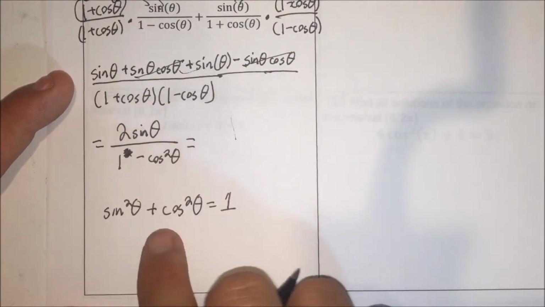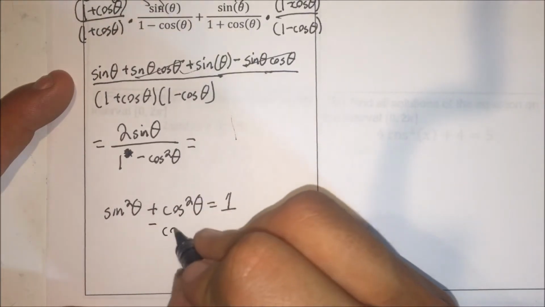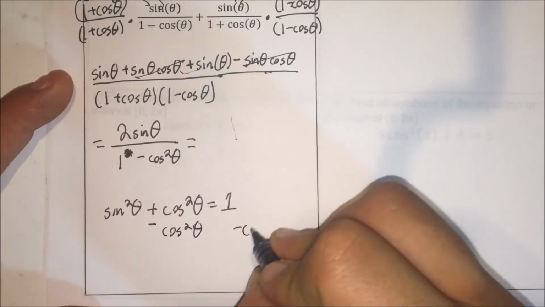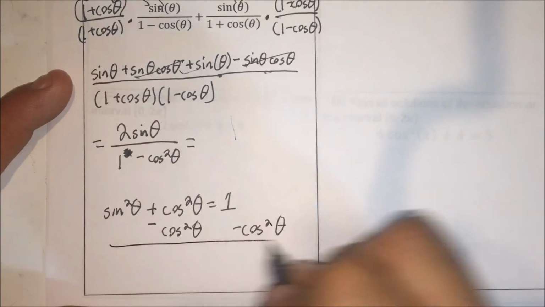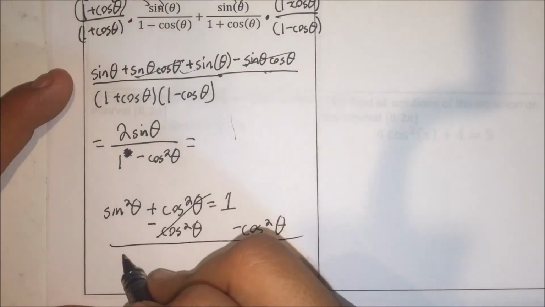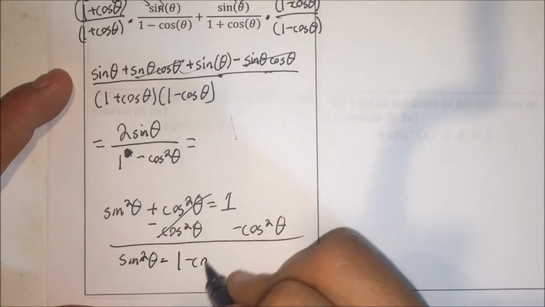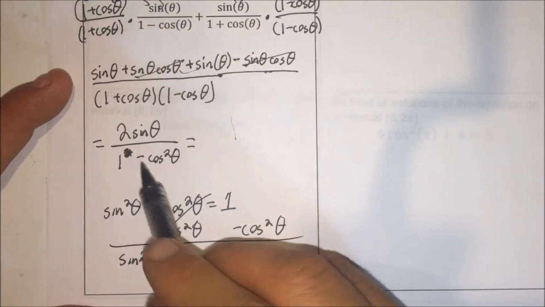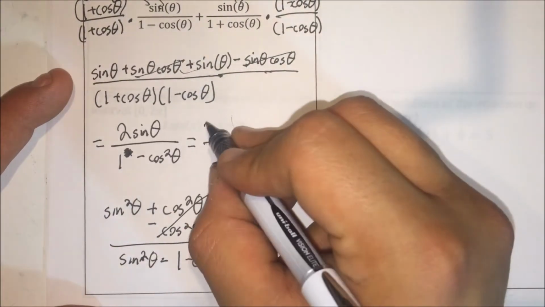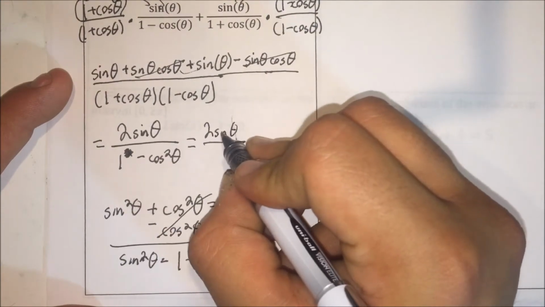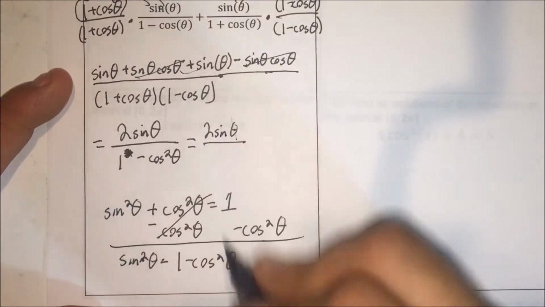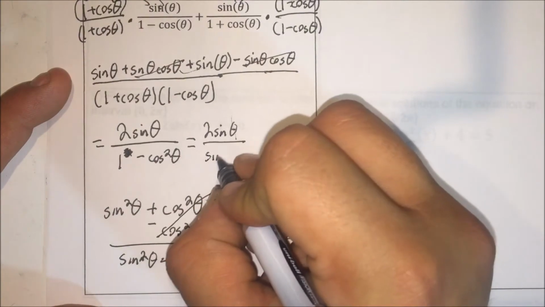Well, all we have to do is subtract cosine squared from both sides to get a different version of the Pythagorean identity. And that's going to give us, we bring the sine squared down, is equal to 1 minus cosine squared. And so that bottom there is going to be equal to just sine squared.